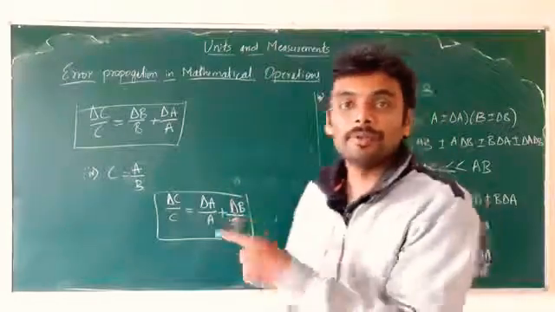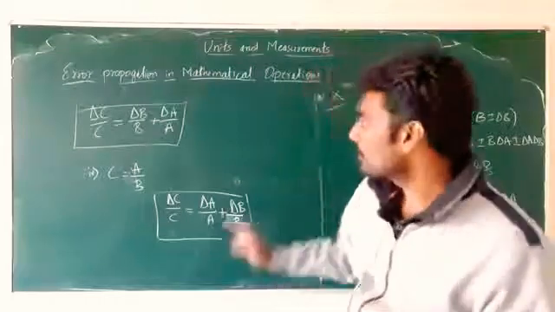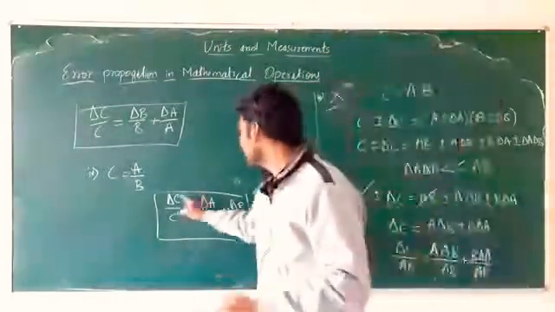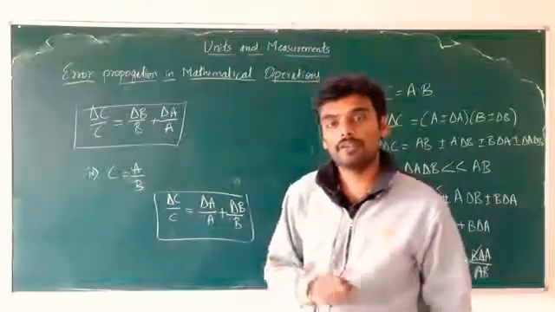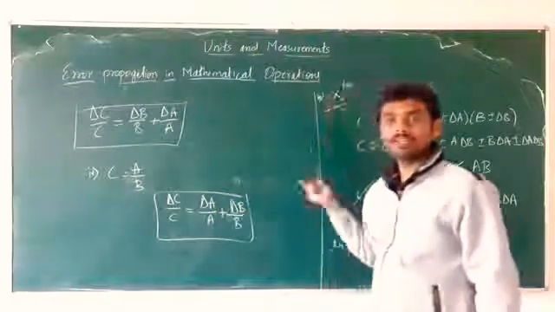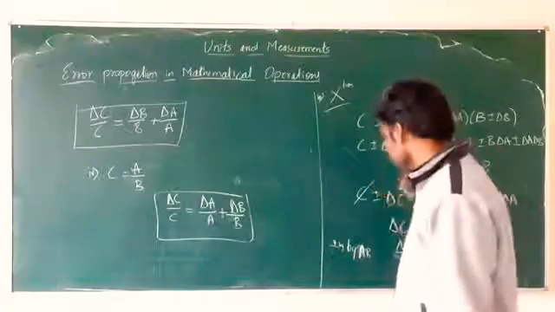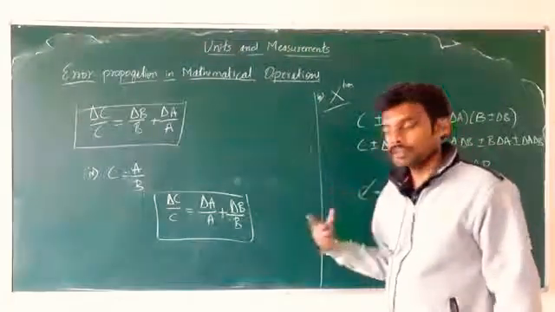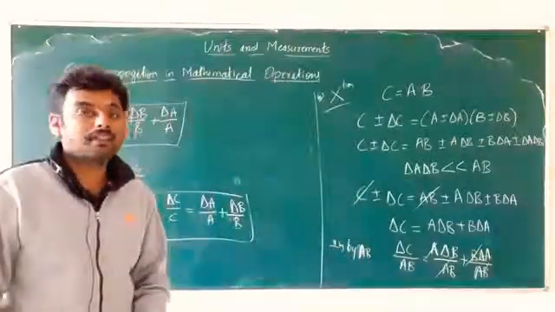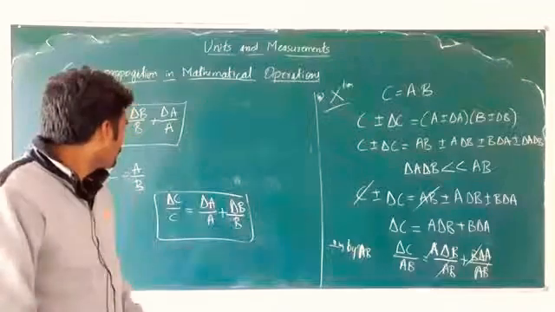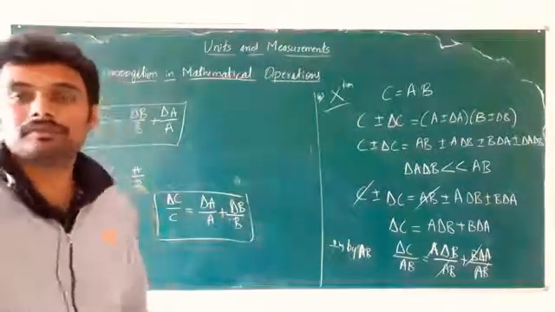Relative errors add up when it comes to multiplication and division. Clear? Keep this in mind. And when we have addition and subtraction, it's simply the absolute error which will get added. It's always addition of errors. Keep that in mind.